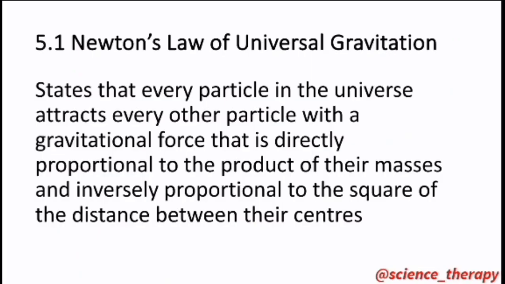So Newton's law of universal gravitation states that every particle in the universe attracts every other particle with a gravitational force that is directly proportional to the product of their masses and inversely proportional to the square of the distance between their centers. So word for word like that, that's how you're expected to define it according to your CAPS document, right?